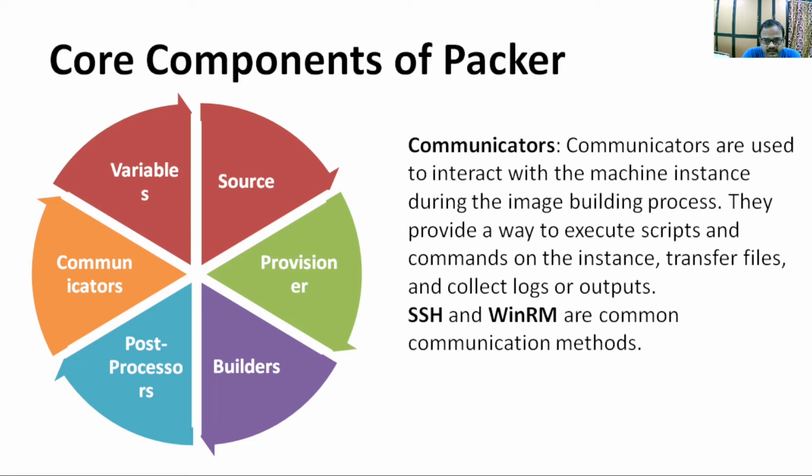Then comes communicators. Packer mostly has two kinds of communicators. One is SSH, the second one is WinRM. Once you have taken the base image, done configuration, defined the end platform, and run some commands, and everything is good, then using this communicator, Packer will connect with, or SSH to, the instance in the target platform in order to build the image on that platform.